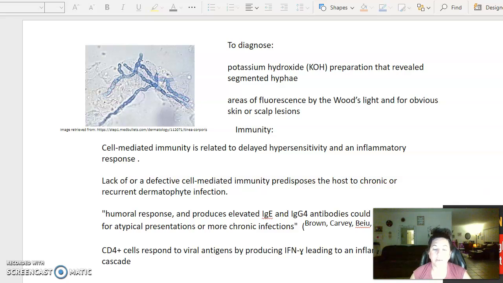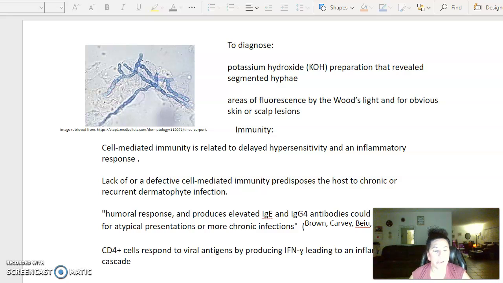Generally, the delayed type hypersensitivity response is associated with acute infections with an increased amount of inflammation, whereas the immediate hypersensitivity response is associated with chronic dermatophyte infections, such as the ones I mentioned earlier: ringworm, jock itch, and athlete's foot.